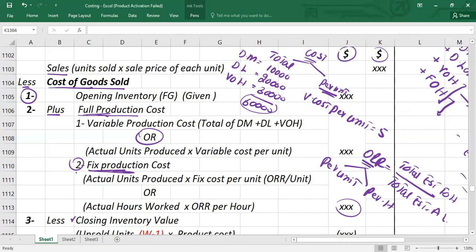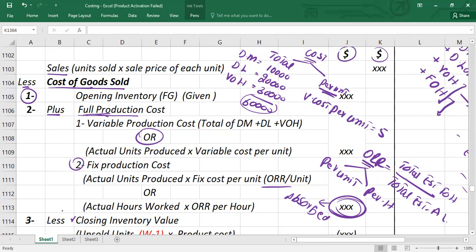Now here, if you remember, I'm using the actual activity level, either units or hours, times the recovery rate. So if you are following this format, the answer which we have calculated here is called absorbed overhead, like what overhead you have applied to the product. And this is what shows in the income statement now.